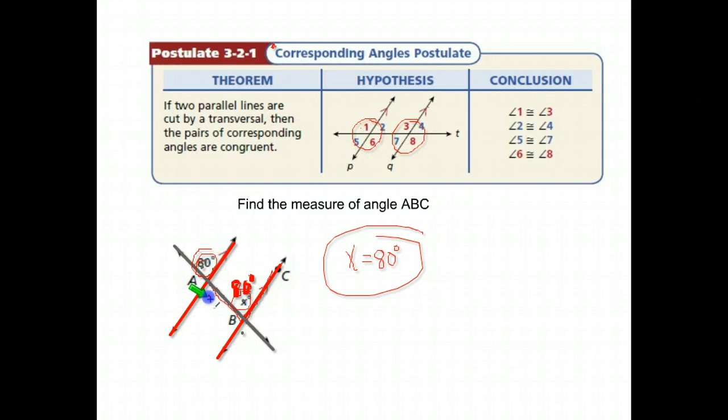This angle and this angle here are across the intersection from each other, and a long time ago we said those are called vertical angles, and vertical angles are always congruent. The same thing here. This angle and this angle here are across the intersection from each other. They are congruent.